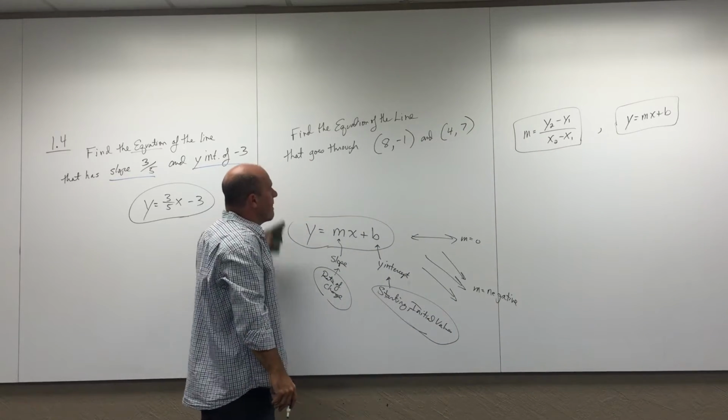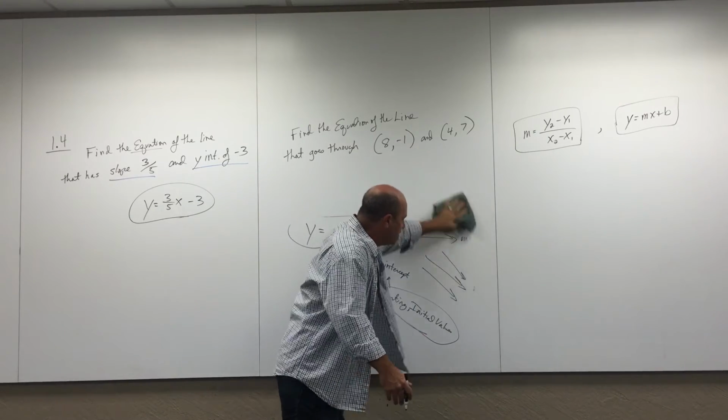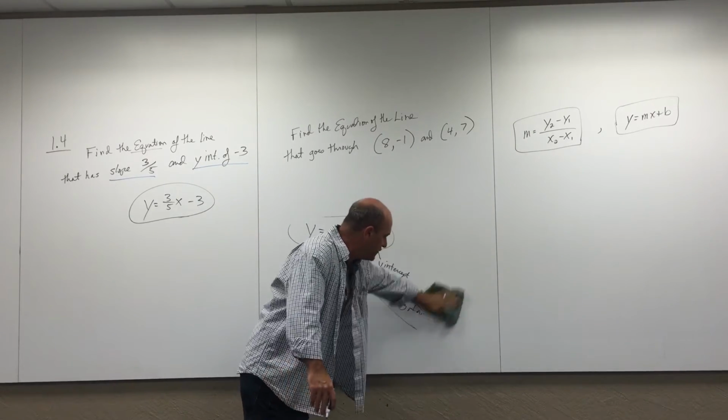So now I've given you 2 points. I want the equation of the line, and I've given you 2 points.